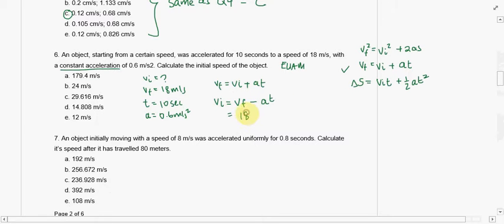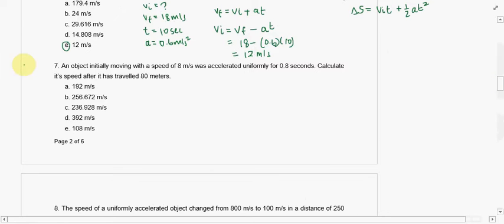It's 18 minus the acceleration, which is 0.6, times the time, which is 10 seconds. So I should have a value of 12. Let me just double check my calculations. Yep, it definitely is 12. So it's 12 meters per second, and that's E over here.